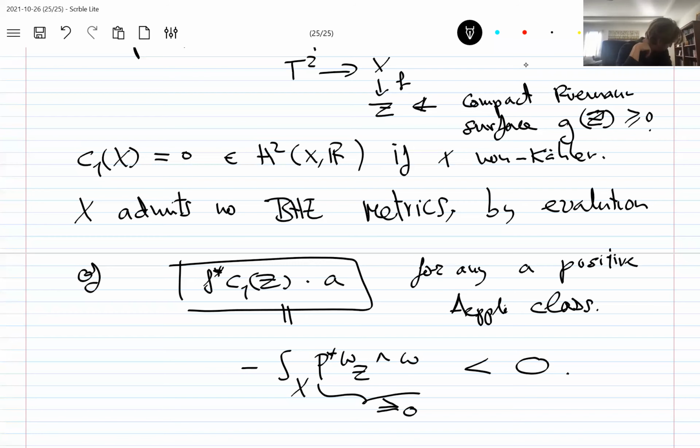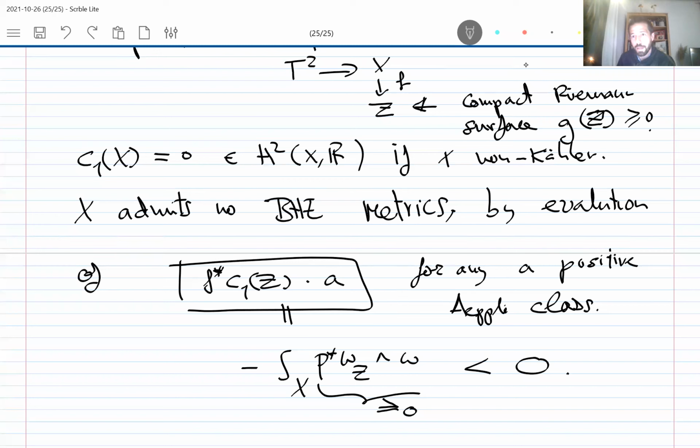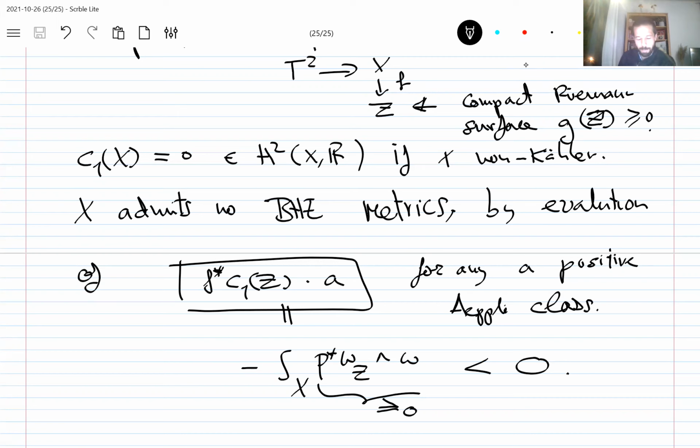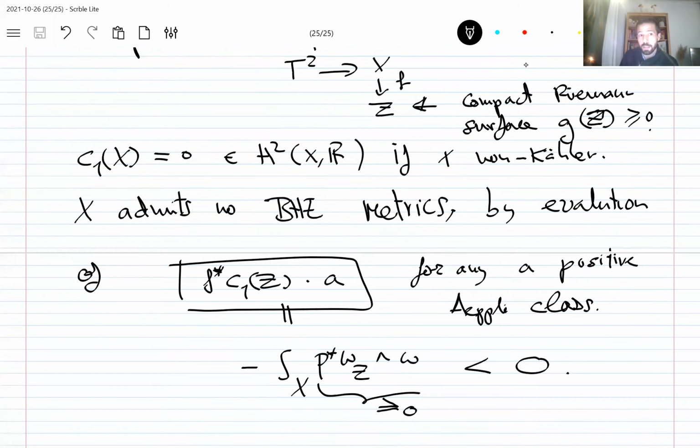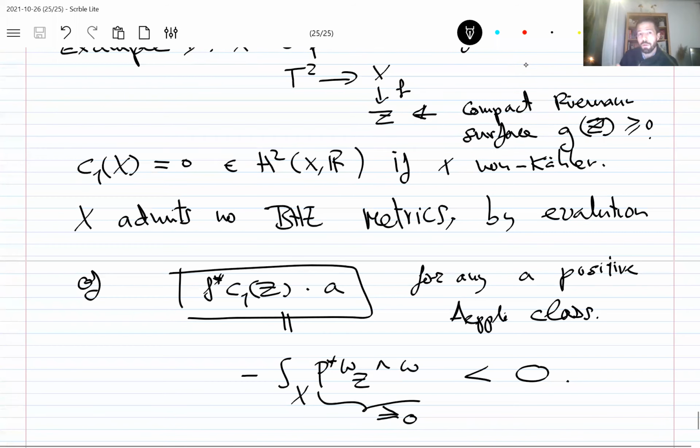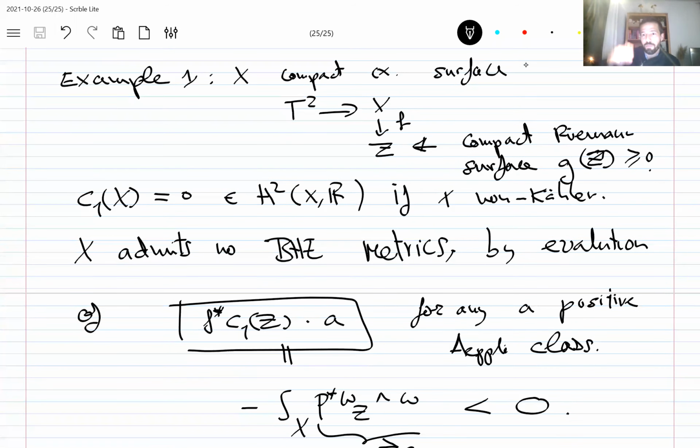And I should mention that this was already observed in work by Jeff Streets on pluriclosed flow. What Jeff proved is that if you have a compact complex surface with non-negative Kodaira dimension, which all arise as finite covers of these guys in this example, then pluriclosed flow collapses the fibers essentially, right? Am I correct, Jeff? And you get Gromov-Hausdorff convergence, like in the T2 invariant case, assuming torus invariance.